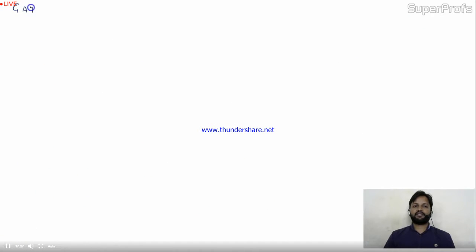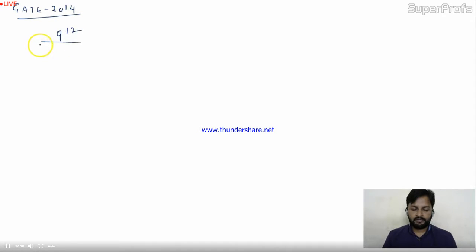The given question is a GATE 2014, 2 marks question, and the circuit of the question is given. Let me draw it. I'll take 45 seconds. 12 volt. R1 is 33K. This is 11K connected with a coupling capacitor, and this is V in over here.